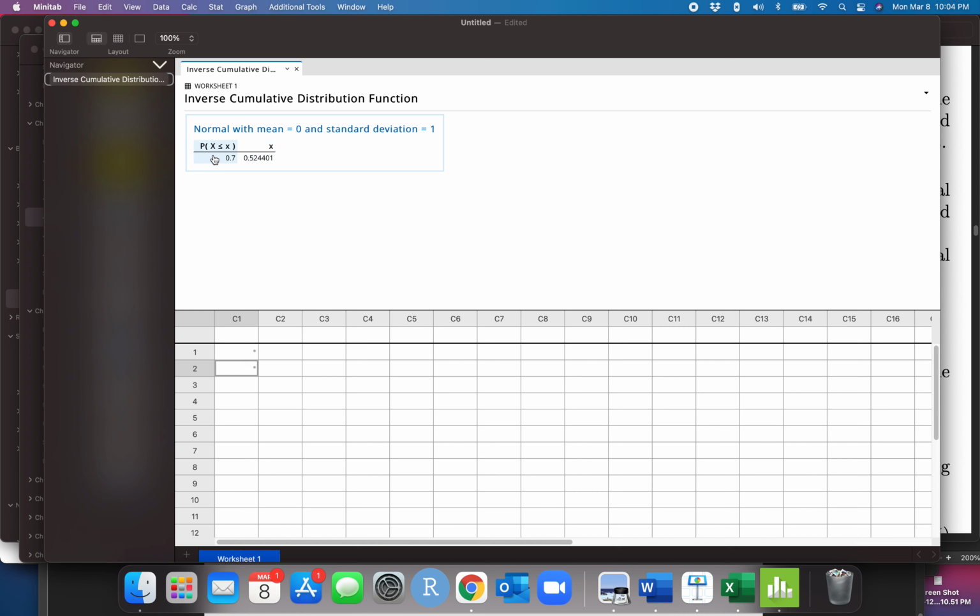It tells you what you inputted, which is the probability that the random variable is less than or equal to the value, and then gives you back the actual point. I said 0.7 because I wanted the point at which 30% was to the right, which means 70% to the left. It turns out that point is 0.5244. So that would be the answer there.